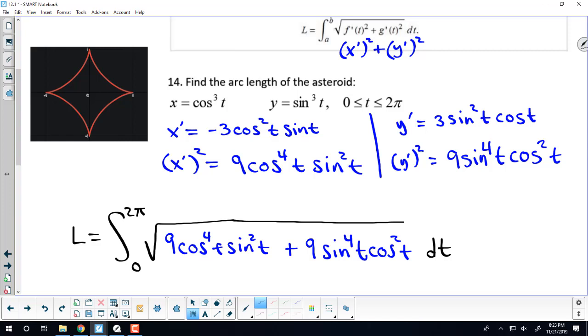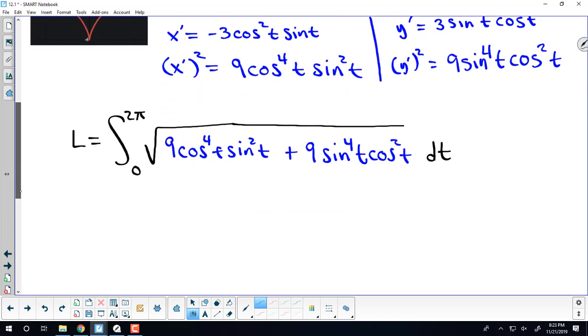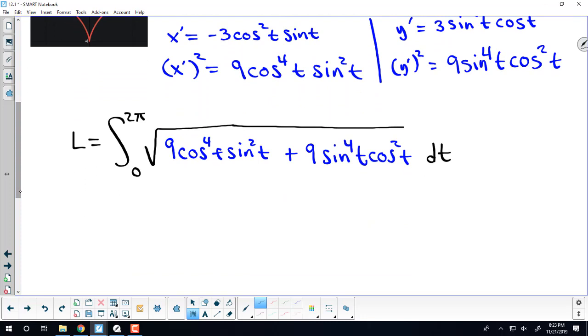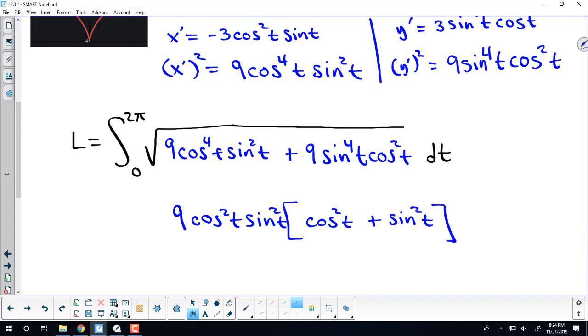So we can simplify this a bit just by factoring out the greatest common factor. We'll factor out a 9 cosine squared t and a sine squared t. So we're left with, after we factor that out, cosine squared t plus sine squared t. And all of that's still under the radical.